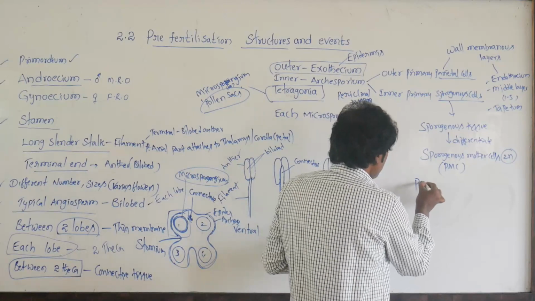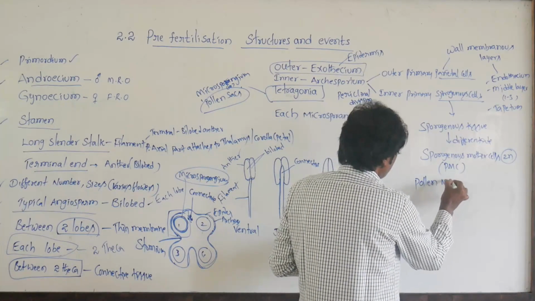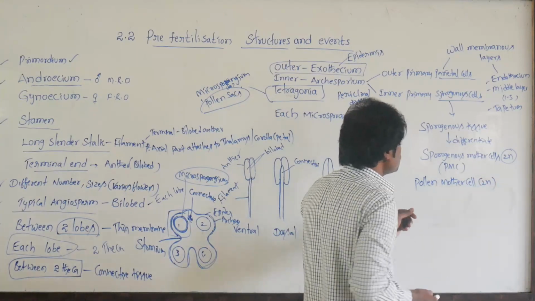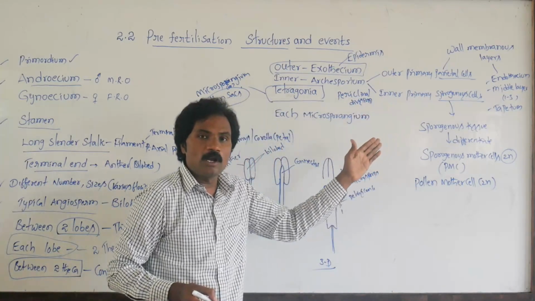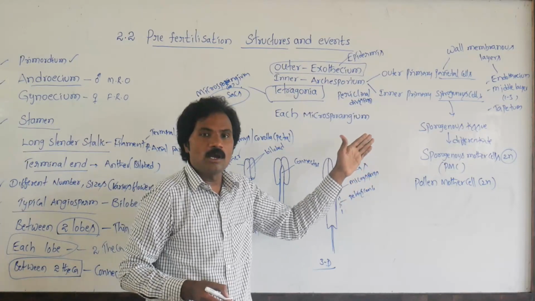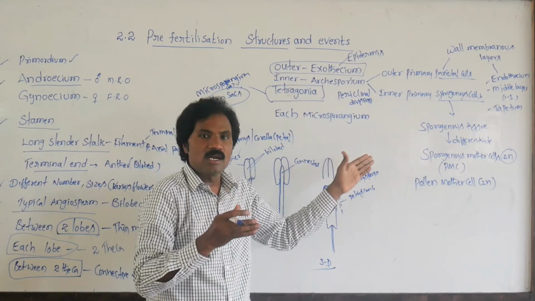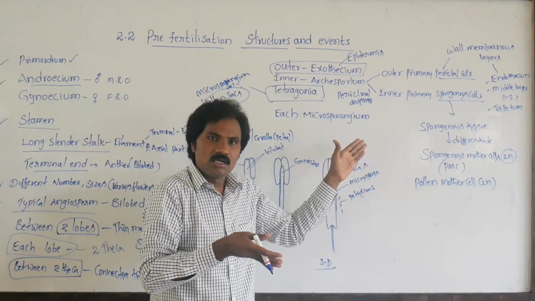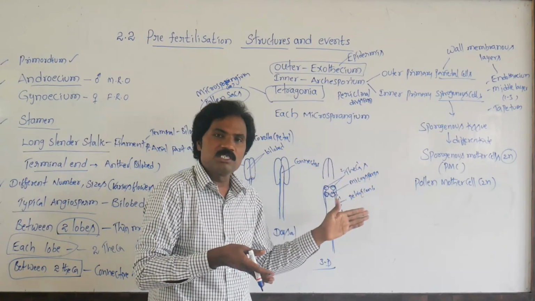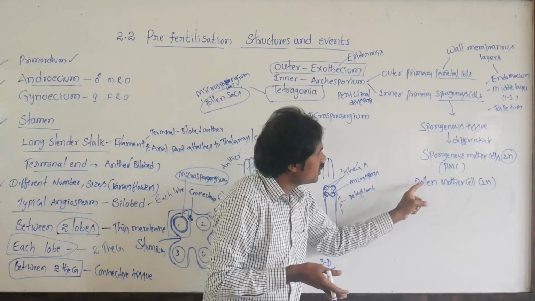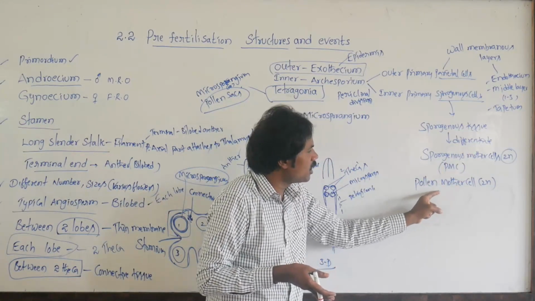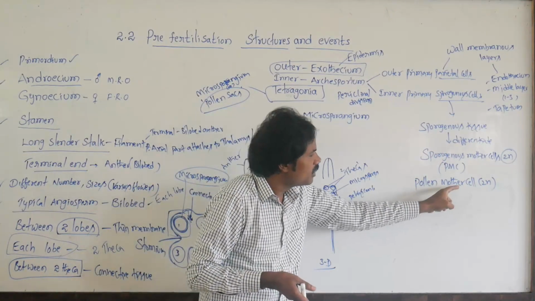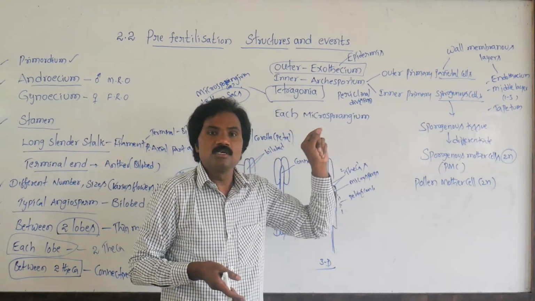From where are pollen mother cells formed? They are formed from the inner primary sporogenous cells, which form the specific sporogenous mother cell, otherwise called the pollen mother cell. What is the ploidy of the pollen mother cell? It is diploid.